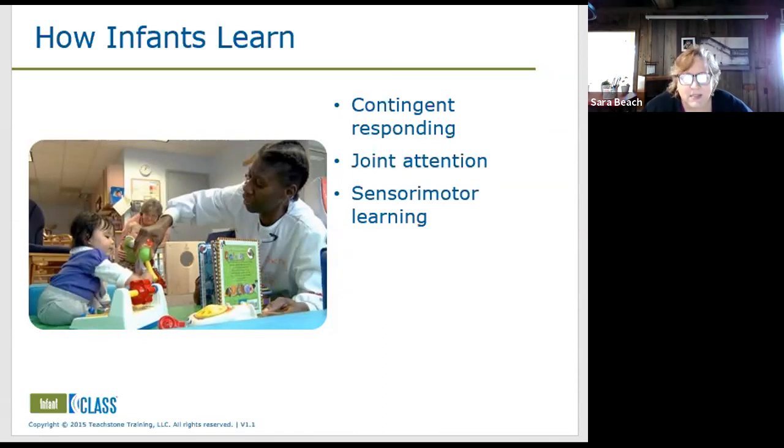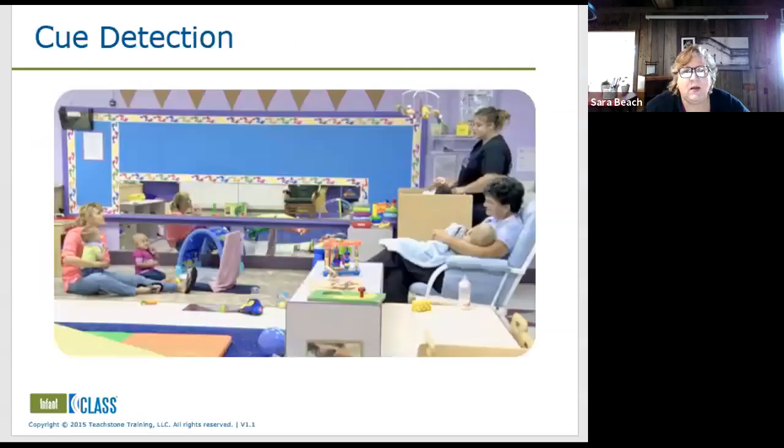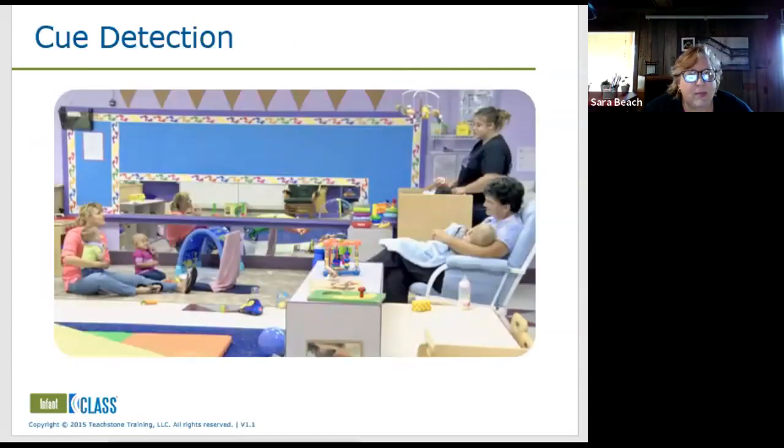So it's the consistent, high quality relationships with adults that give that contingent responding and joint attention. In other words, relationships quite literally impact baby's brain development and the learning that can happen. They get so much from that.